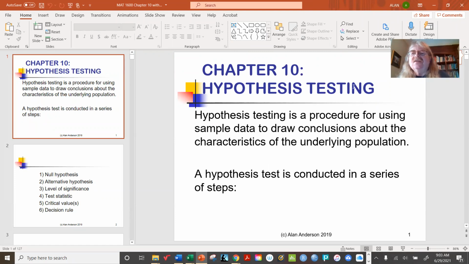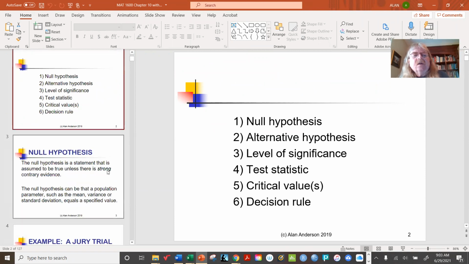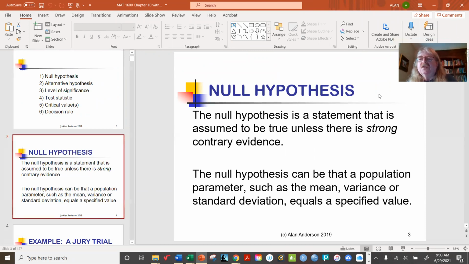All right, so you recall from yesterday that hypothesis testing is a 6-step procedure. And again, it looks a lot more complicated than it really is. All of this is really just the setup to how this process works. So we discussed the null and alternative hypotheses. And you might recall the null hypothesis is what we think is true, or we assume is true, and we'll continue to do so unless we find strong contradictory evidence.